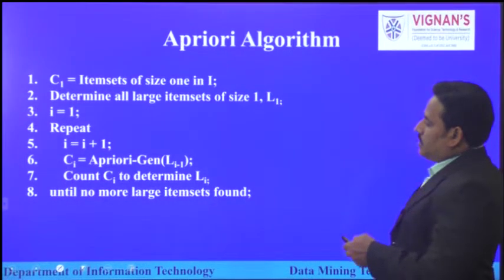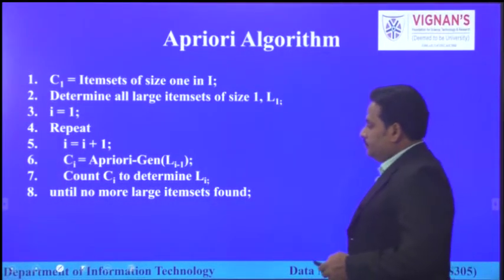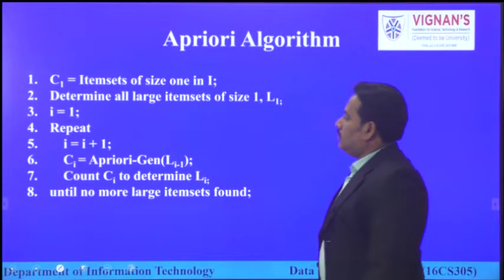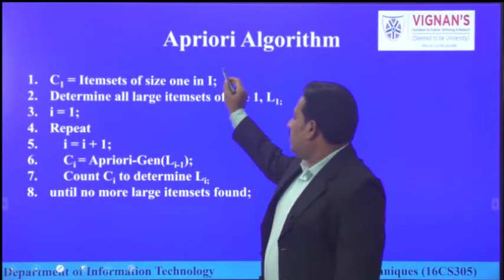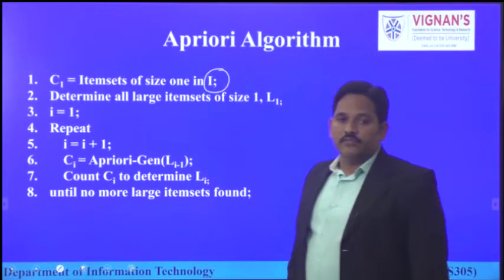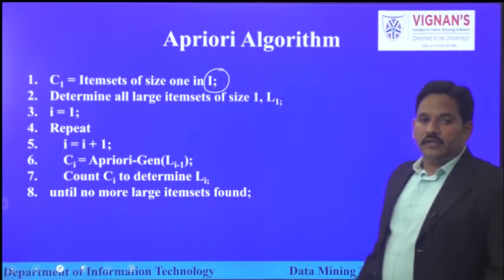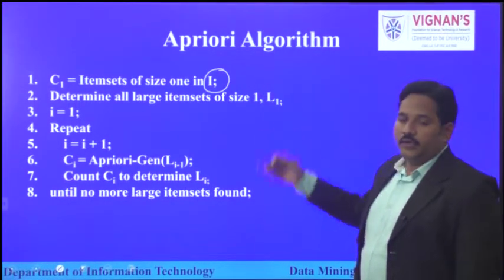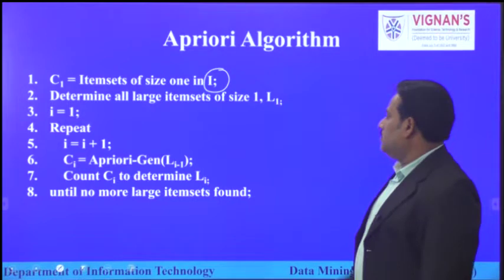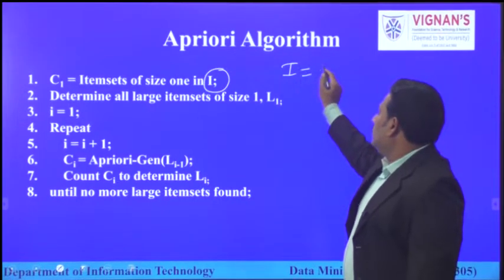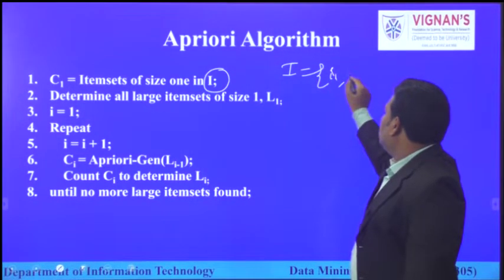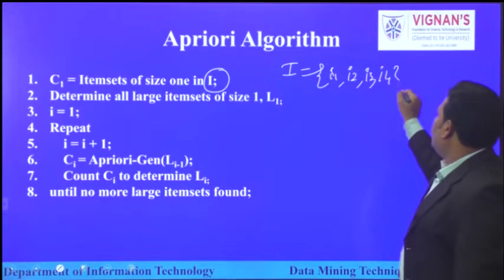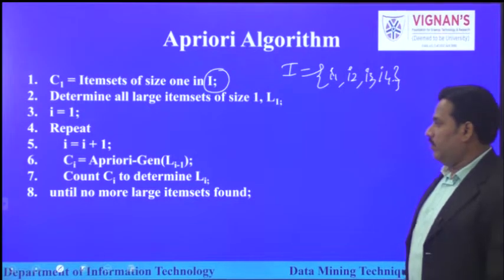Now we will see how this Apriori algorithm is going to be executed. Initially, the item sets of size I, that means the number of items available in that data set, are going to be taken into capital I, where capital I is equal to, let us assume, the number of items: I1, I2, I3 and I4 and so on up to n number of elements.